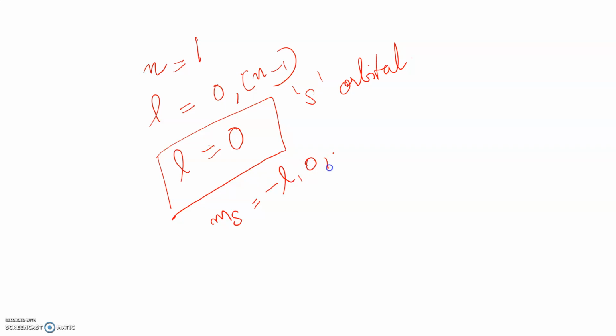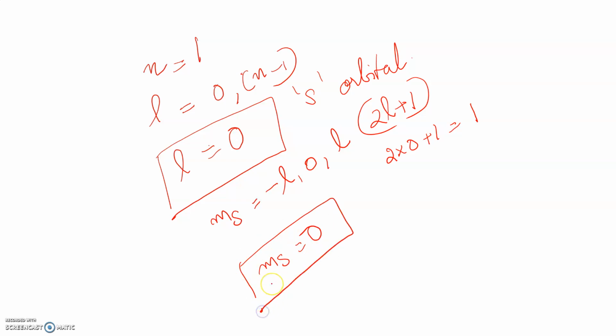Minus L, 0 and plus L, that is 2L plus 1 values. Here L is 0, so 2 into 0 plus 1 gives only one value, and that value is 0. Hence the electron with n equal to 1 will occupy only the s orbital, the 1s orbital. In the 1s orbital, 2 electrons are possible, with plus half spin and minus half spin.